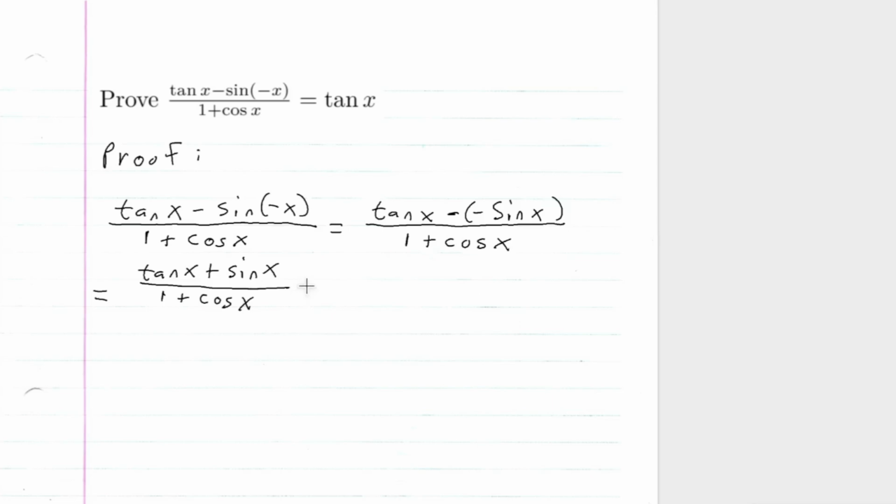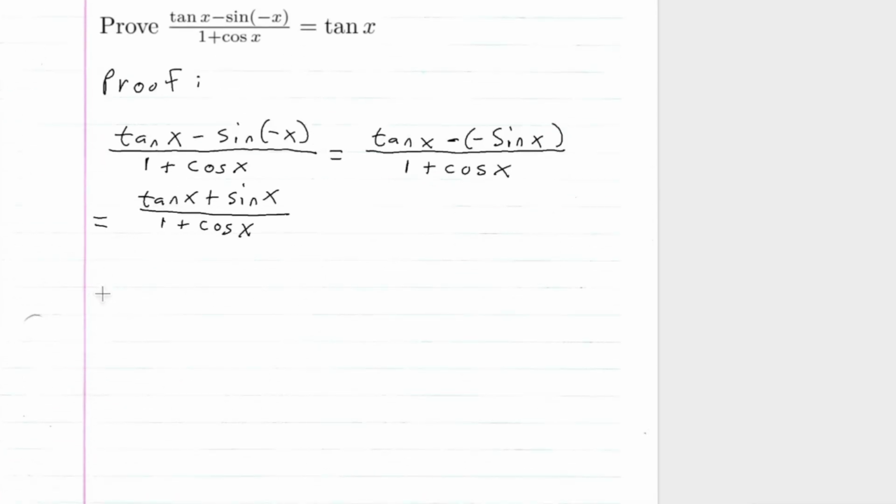All right, now what I'm going to do is I'm going to make tangent. I know that tangent is the same thing as sine over cosine. So sine x over cosine x is the same thing as tangent x, plus sine x all over 1 plus cosine x. So now I have to find a common denominator.